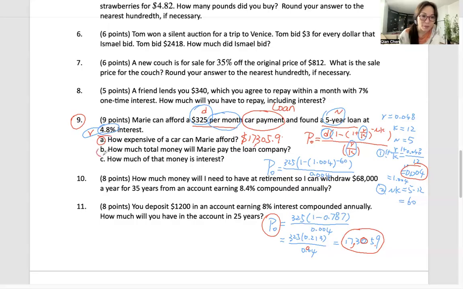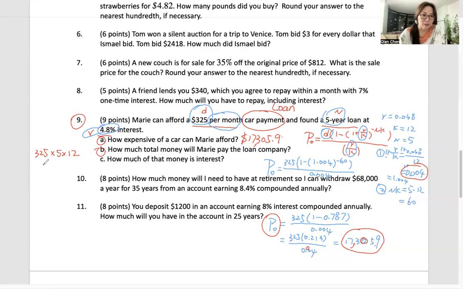Now let's see B. How much total money will Marie pay the loan company? So each month she has to pay 325. For how many months? For 5 years, each year has 12 months, right? For 60 times. So we hit into a calculator, 325 multiplied by 60.